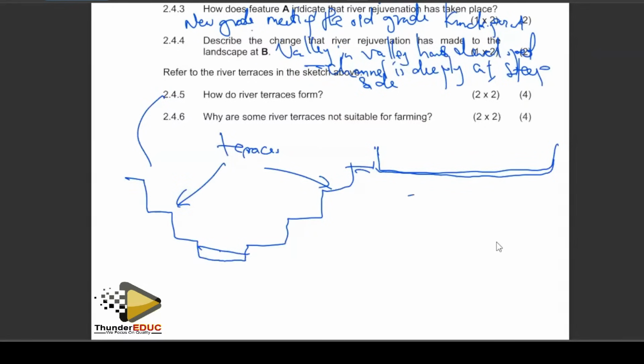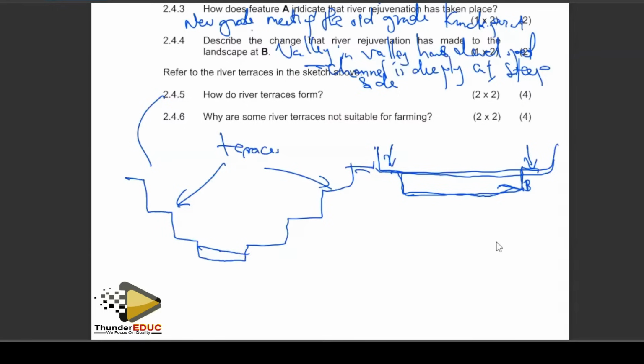If it rejuvenates, the river is going to create a valley within the old valley because of rejuvenation, which means now the new valley is this one, valley B. And remember, this part has been left because it did not erode from bank to bank, but it created a new valley within the old valley.